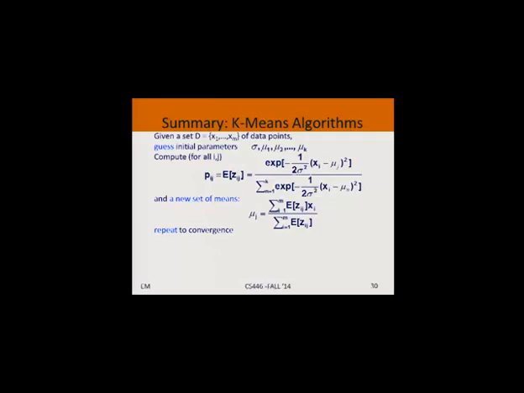What's the difference between the algorithm on the board and what I just said? So that's exactly option 1 and option 2 from the beginning of the class, right? The standard k-means algorithm is a truncated EM algorithm.